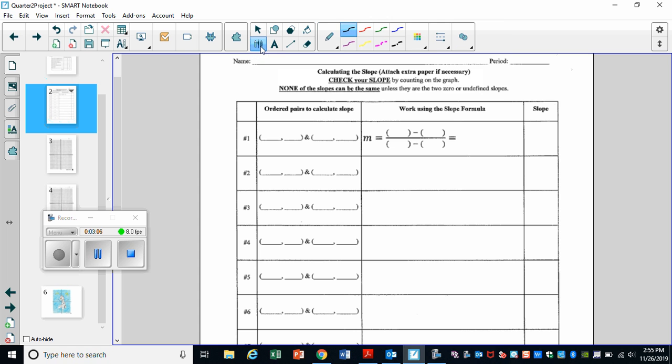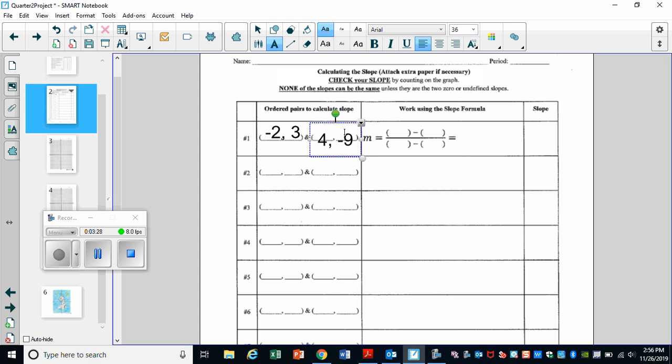I will give you one example. So let's say we had a point (-2, 3) and let's say (4, -9).